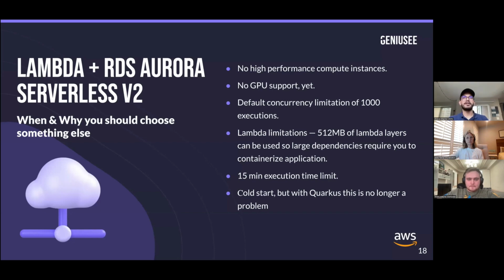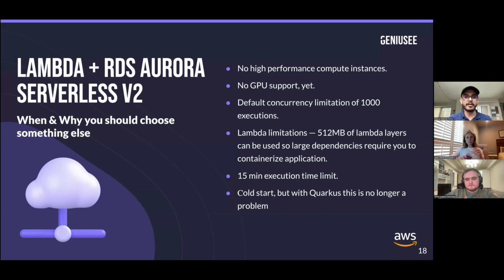All right. So, talking a bit about why Lambda might not be the right choice. First of all, there are some restrictions as to what kind of compute can power your application.